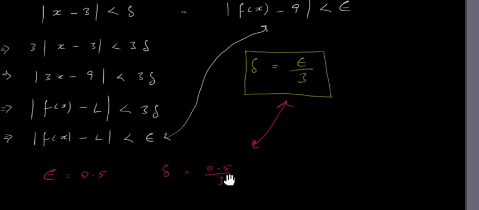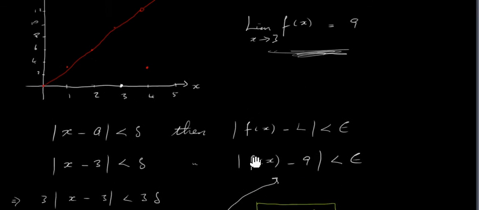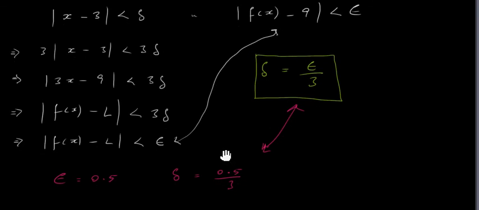On my original graph, I need an x value closer to 3 than 3 plus or minus 0.5 over 3. That's my range, and within that range I can find any x value that will bring me closer to my limit than 0.5, than your epsilon that you've given me. And that's really it for the formal definition of limits.